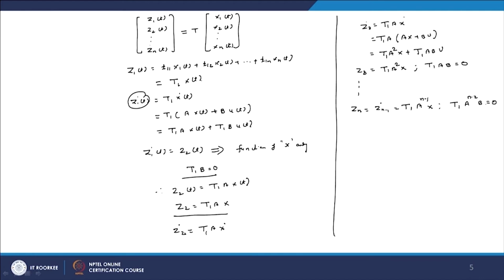So, by means of these transformations, taking the first state as a variable, we will get the equations in terms of z and x, and the other terms we have considered as 0.